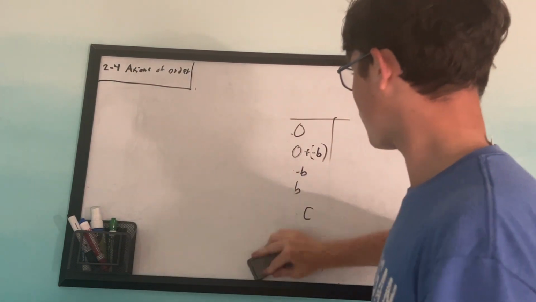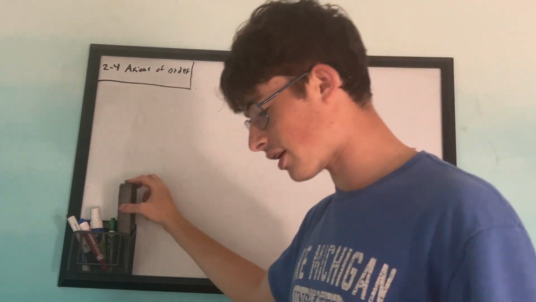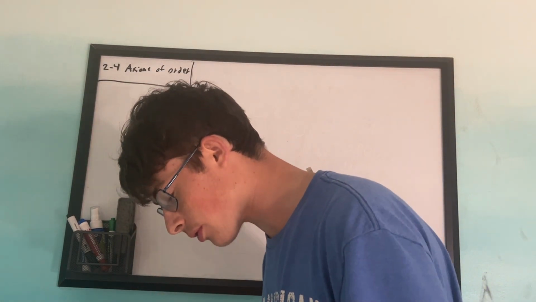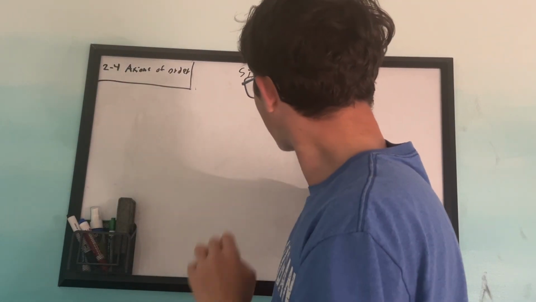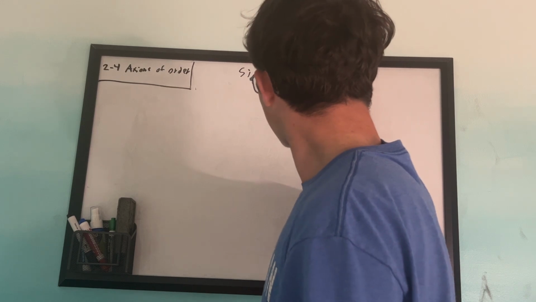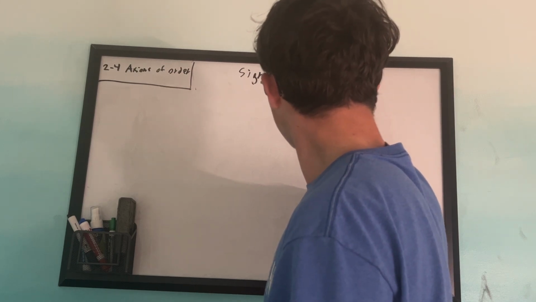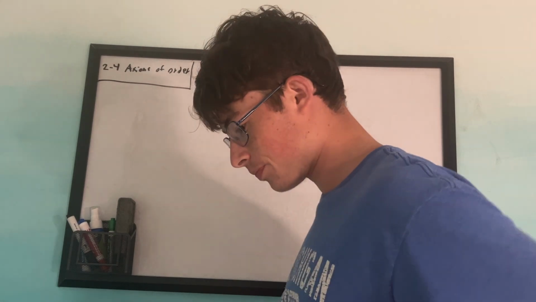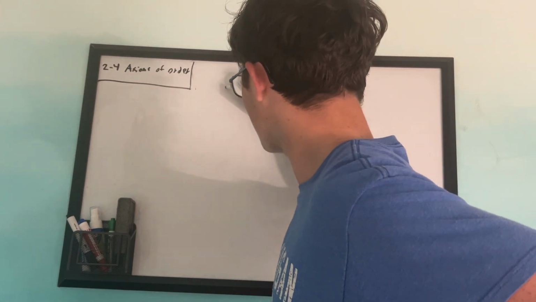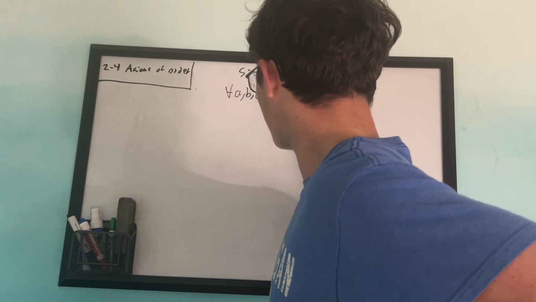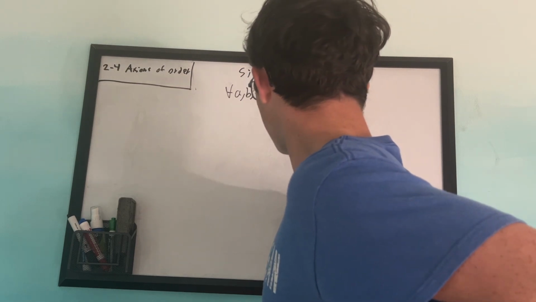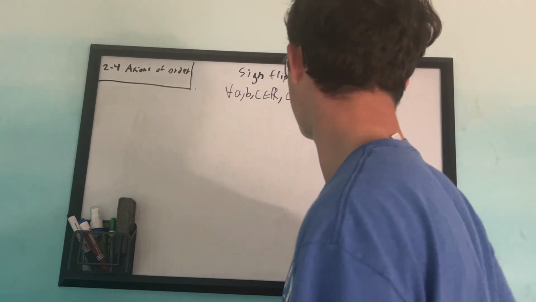Now this lemma is actually quite useful as it tells us what we want to do when we want to multiply both sides by a number, but that number is negative. And what we call that is the sign flip theorem. It's for A, B, and C that are real, and C is less than 0.